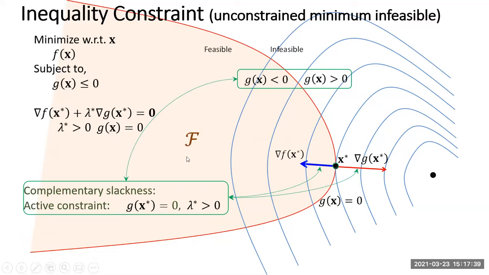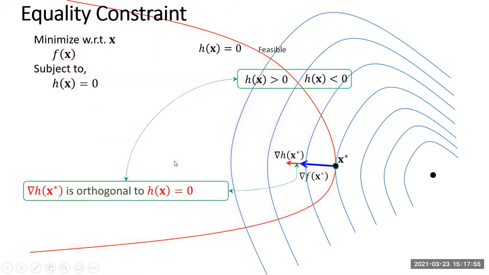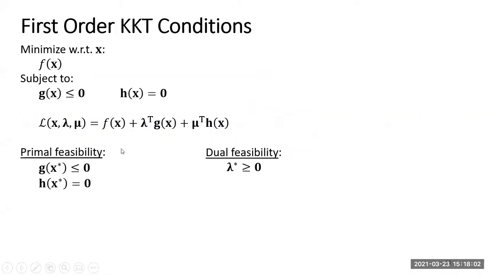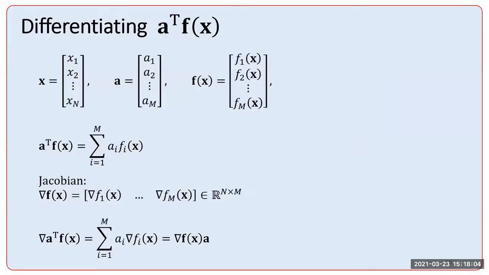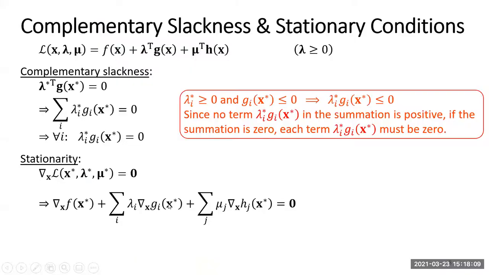Now, complementary slackness for the active constraint. Each of these terms has to be equal to 0, right?